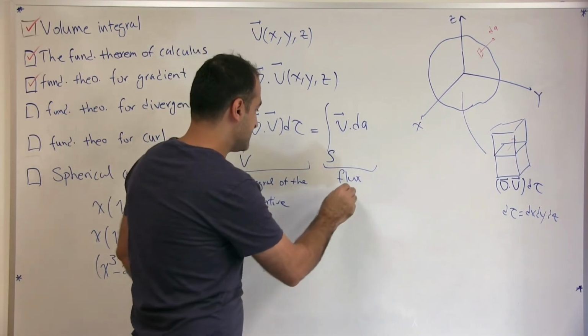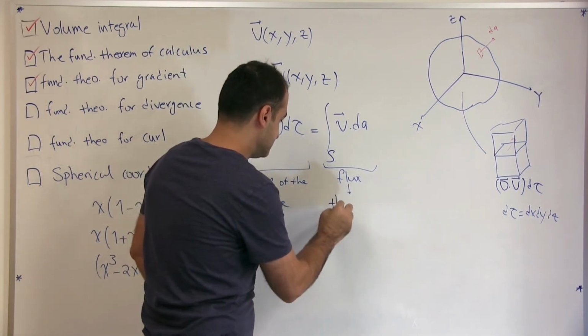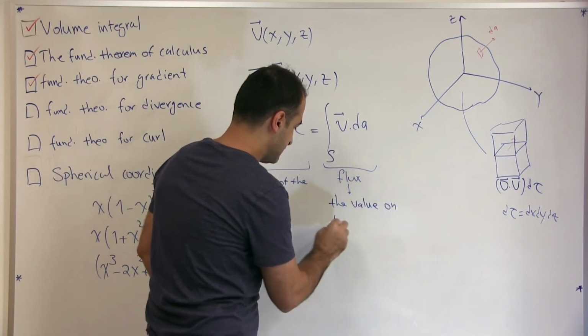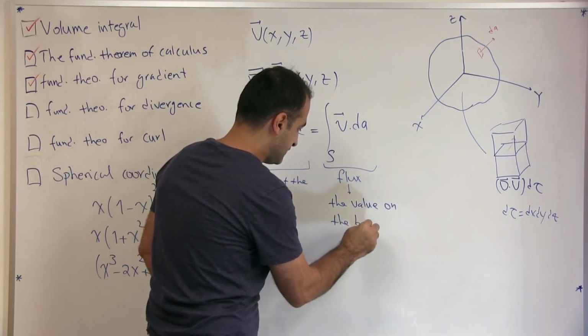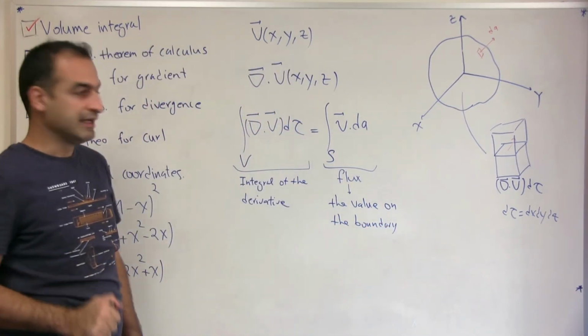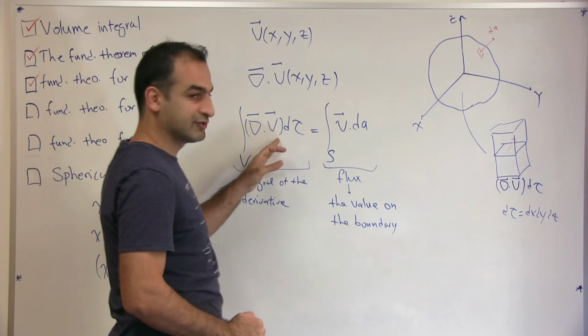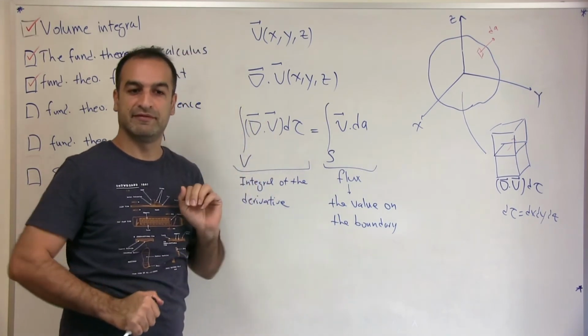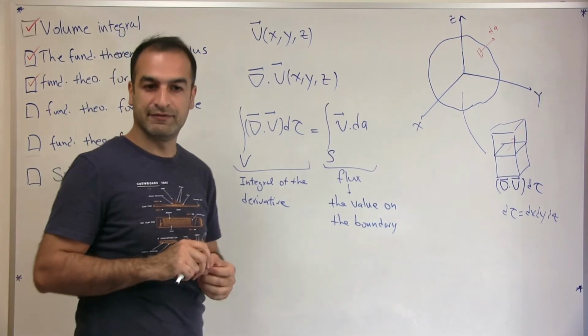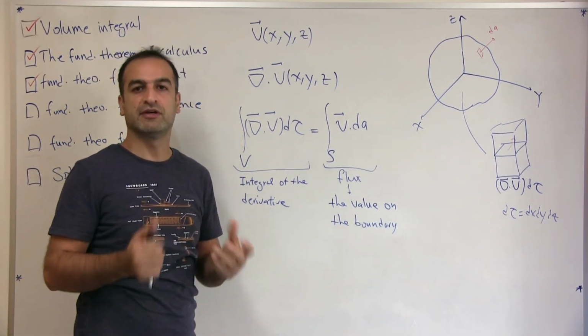So this is basically the value on the boundary, okay? And this rule, this divergence rule, is again very popular in physics. This is exactly the way we calculate electric field, okay, from a charge distribution.